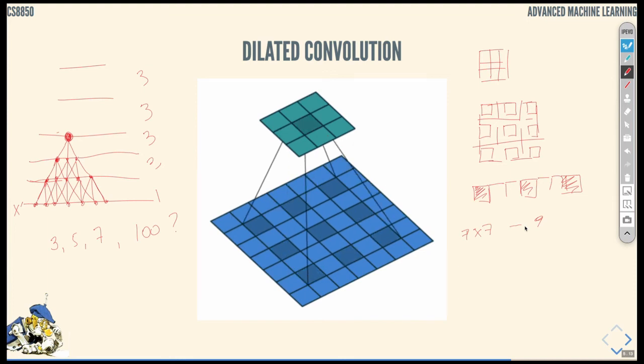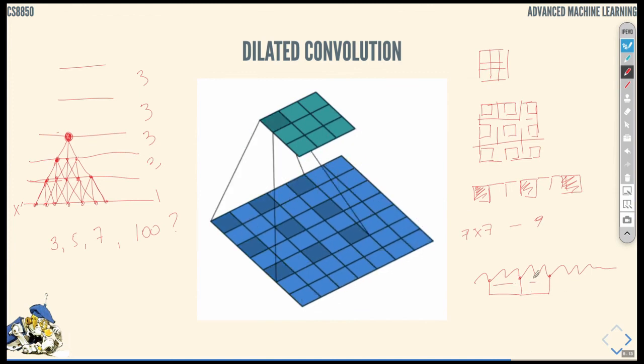But another interesting thing is that think about that signal in 1D. If we are convolving that signal with this function that has gaps, then this function will only be able to see, just by Nyquist sampling theorem, right?